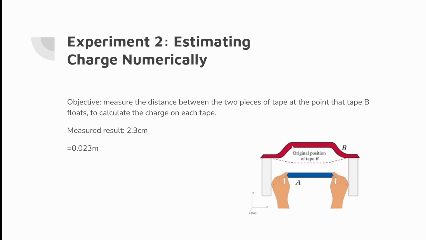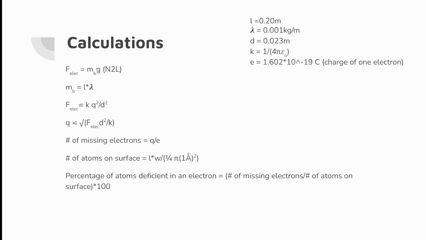That means that the mass, the weight, is equal to the force generated from the electric field. So we set these two equal. The mass is the length times the linear mass density, and we also know from Coulomb's law that the force is equal to this constant K times Q squared over D squared. And so we can calculate Q using this.